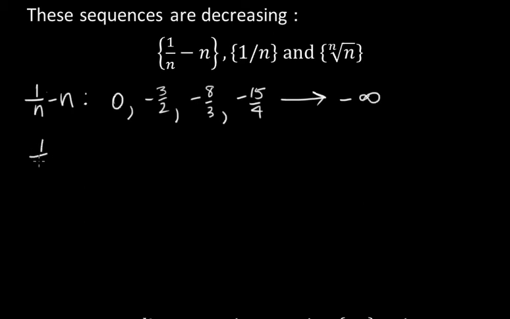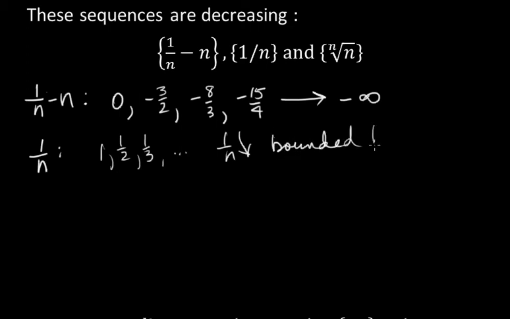Now what if, here's 1 over n. This is a decreasing sequence. We have 1, 1/2, 1/3, etc. We know that 1 over n is a monotonic decreasing sequence, but it is bounded below.